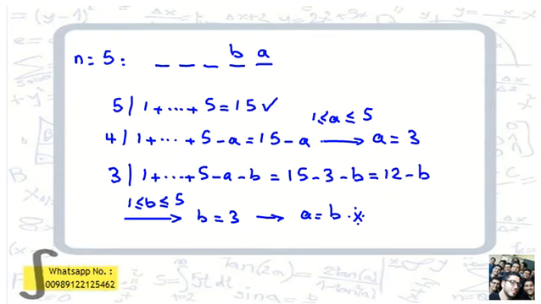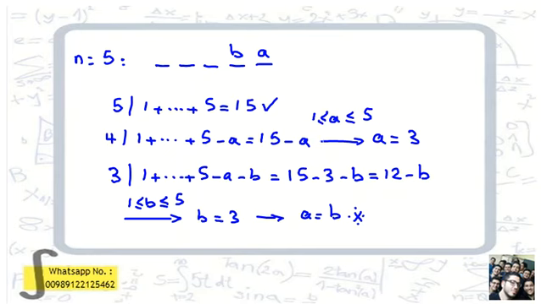Now let's check b. We know that 3 divides the sum of the first 3 elements, which equals 1 to 5 minus a minus b. 1 to 5 is 15, and a is 3, so 15 minus 3 minus b equals 12 minus b. 3 divides that. So b can be 3 or 6, but we know that b is between 1 and 5, so b equals 3.